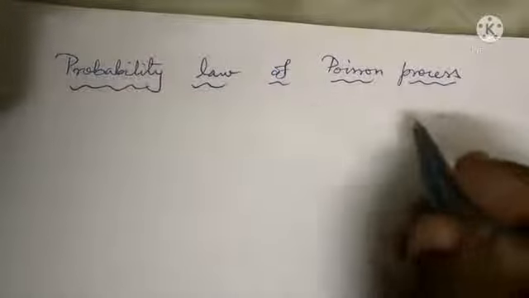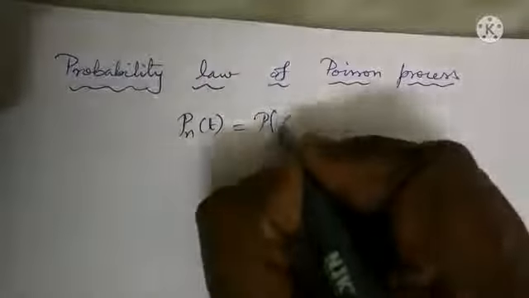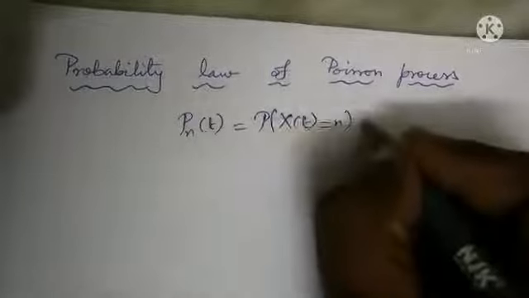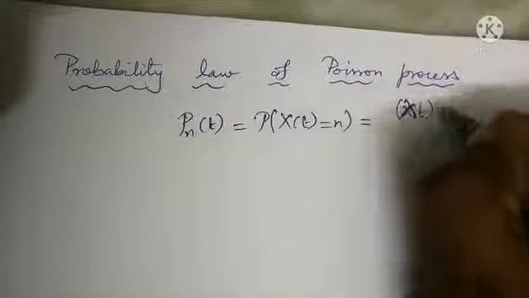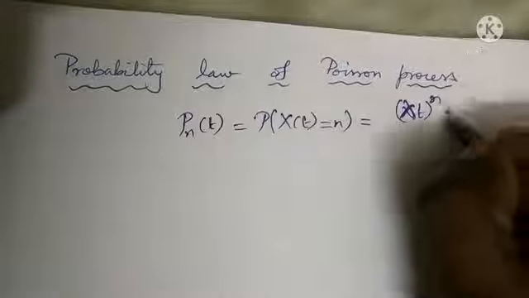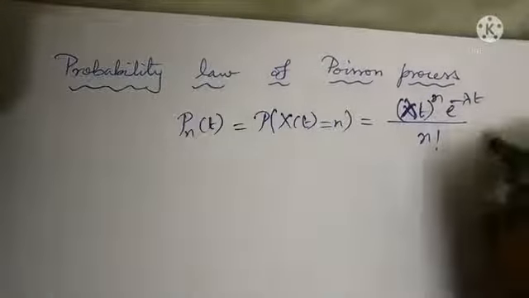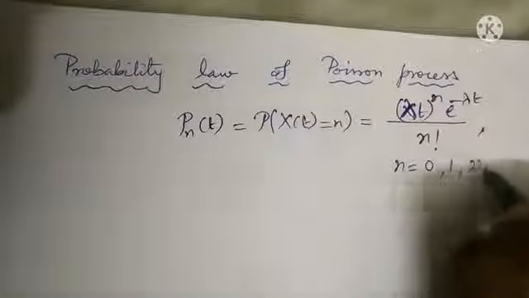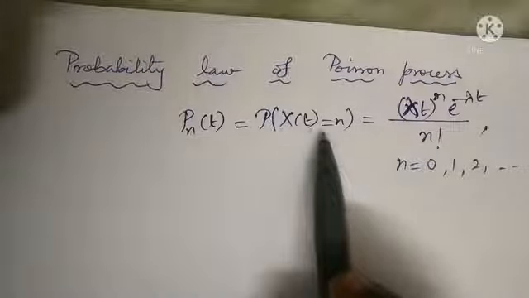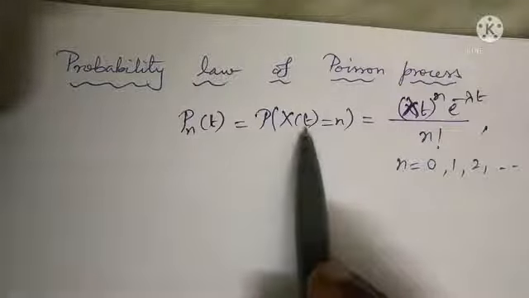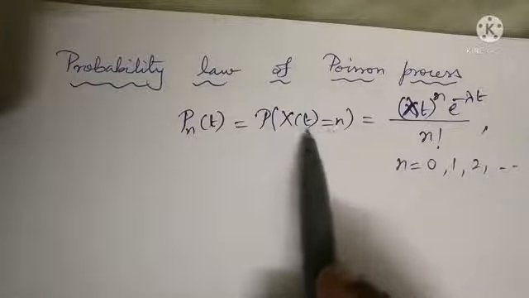The probability law for the Poisson process is P n of t equals P of X of t equals n, which is lambda t whole power n, e power minus lambda t, by n factorial, where n takes values 0, 1, 2, etc. So we already know what P of X of t equal to n is: the probability of n occurrences, n arrivals, in the interval 0, t.